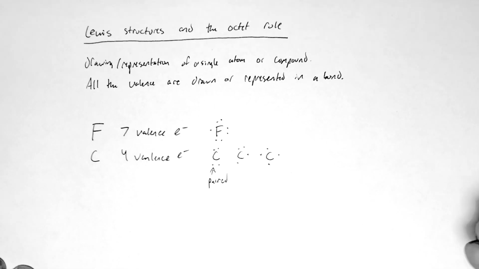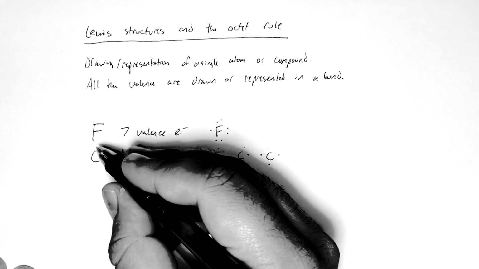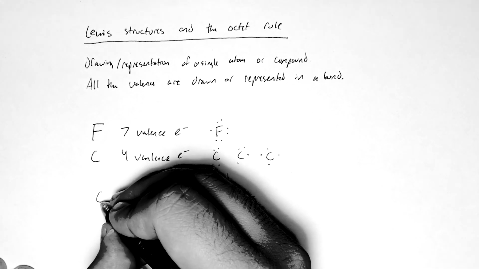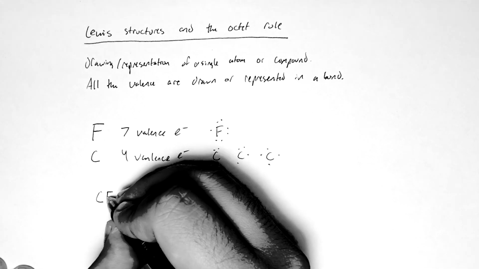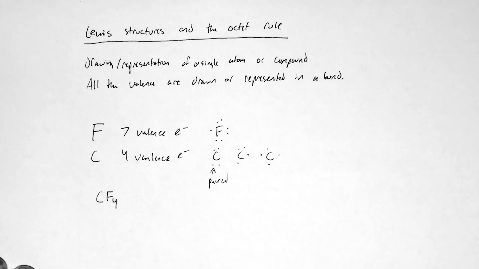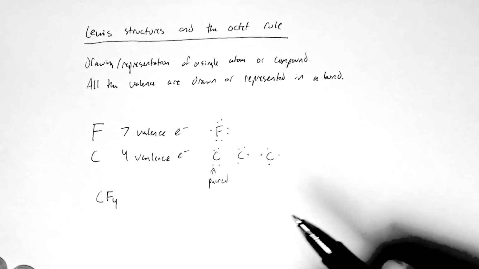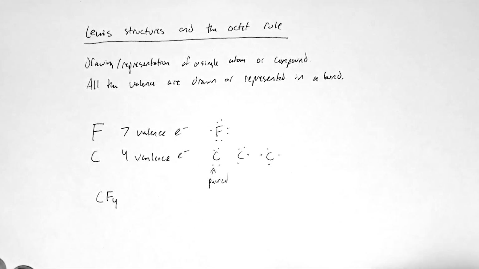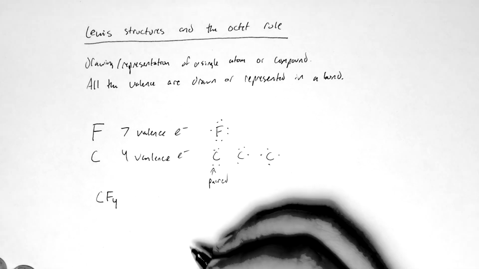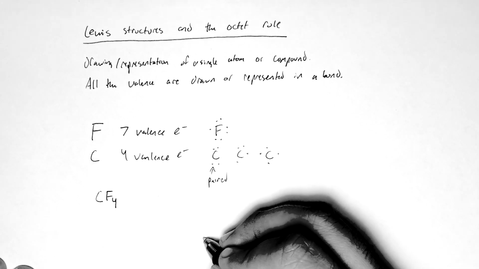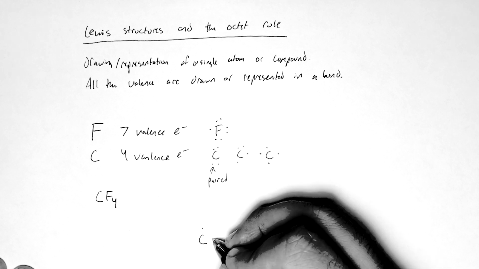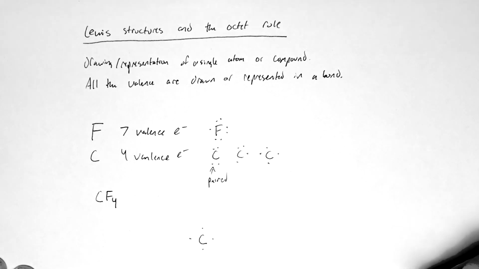So, how would I draw a covalent bond between carbon and fluorine? Specifically we're going to be talking about CF4. Well, first, we know that carbon always wants to form 4 bonds. So, we're going to draw carbon, and we're going to draw 4 dots around it, representing the valence electrons.